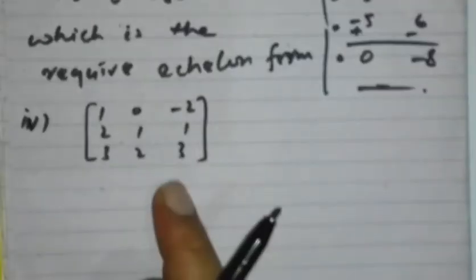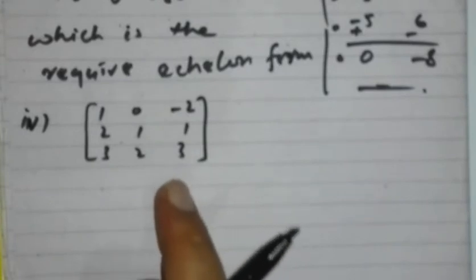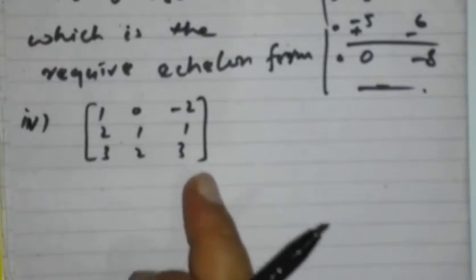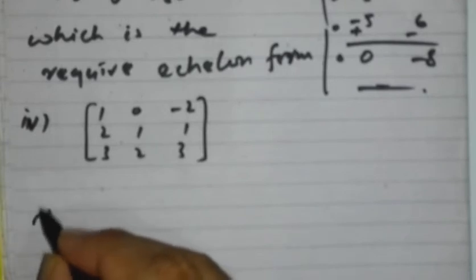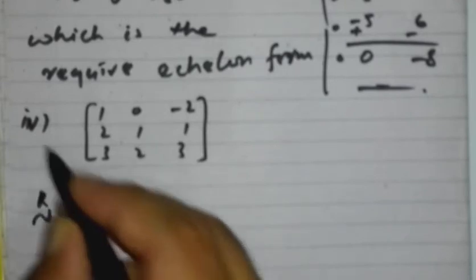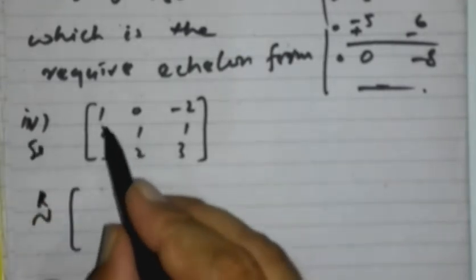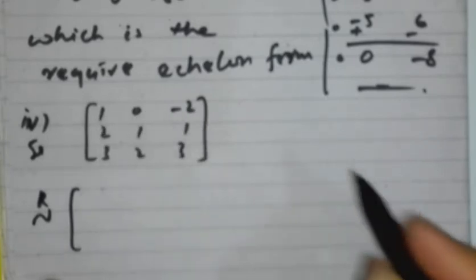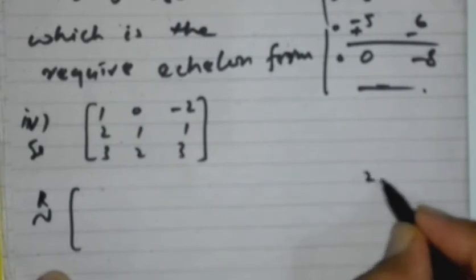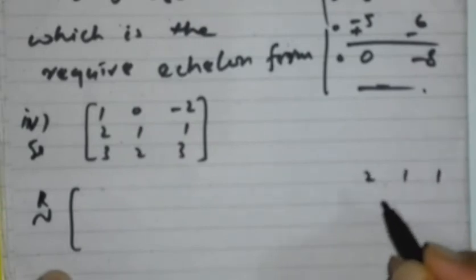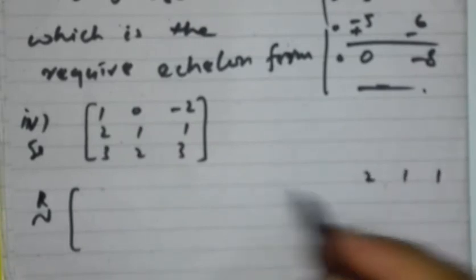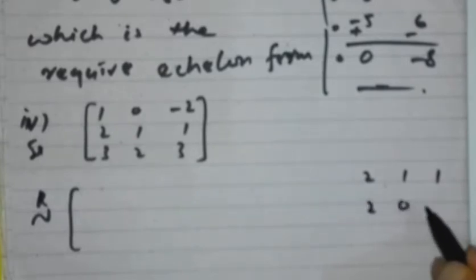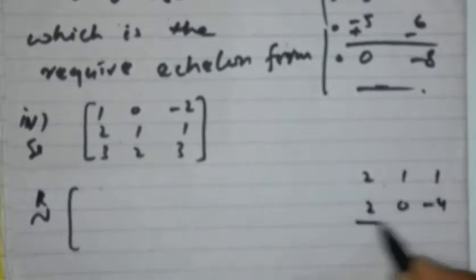Part 4.1, also we should change it into the echelon form, for this row operation. Solution: multiply the first row with 2 and subtract it from the second row. So look at here, 2 1 1, and 2 1s are 2, 2 0s are 0, 2 minus 2s are minus 4.